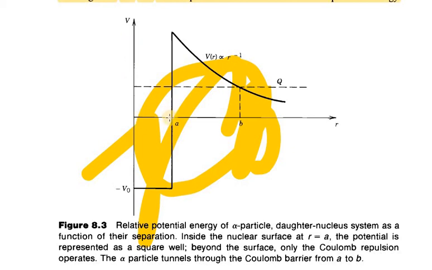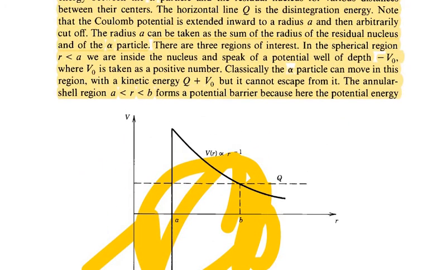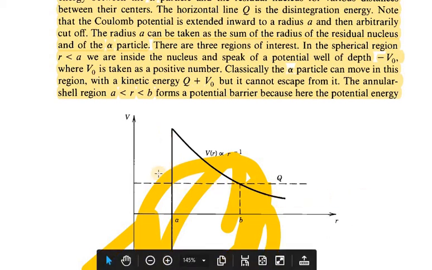This region 0 to A represents the potential energy inside the parent nucleus. This horizontal line represents the disintegration energy, and here it forms a potential barrier for the incoming or outgoing particle.